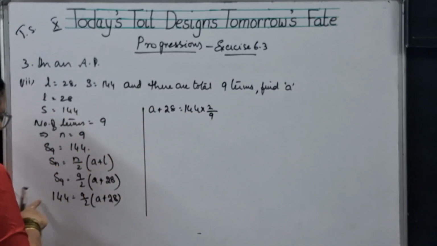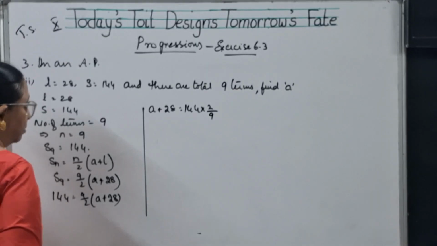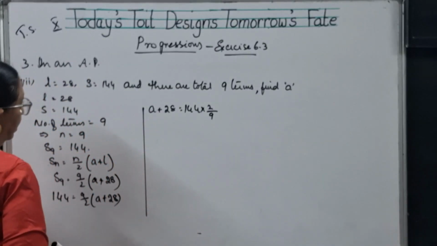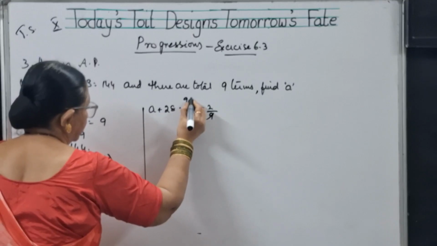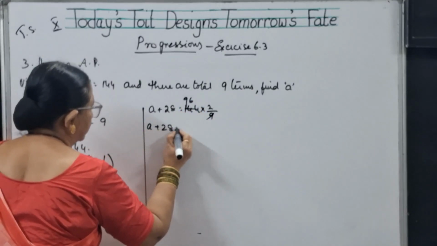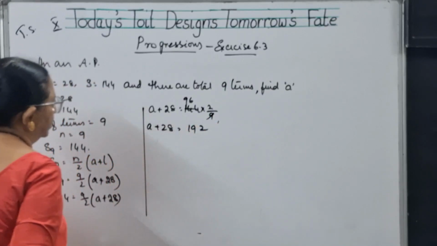When this goes from the right side to the left side, we have to take the reciprocal. So 9 ones are 9, 9 sixes are 54. So a plus 28 is equal to 2 sixes are 12, 18 plus 1 is 19, 192.